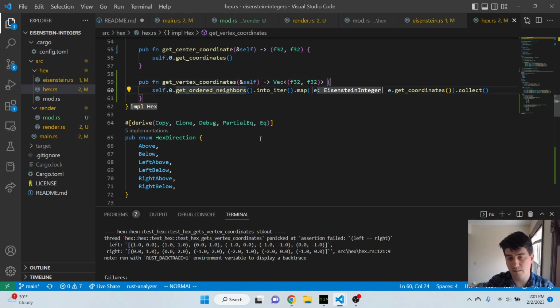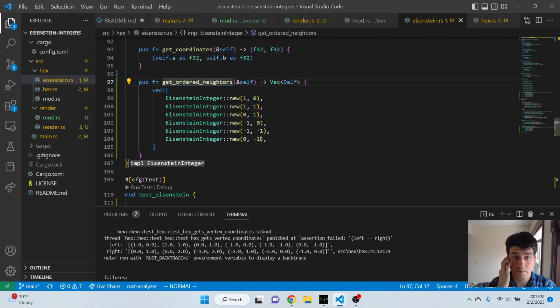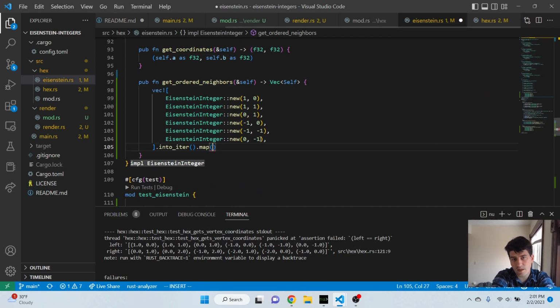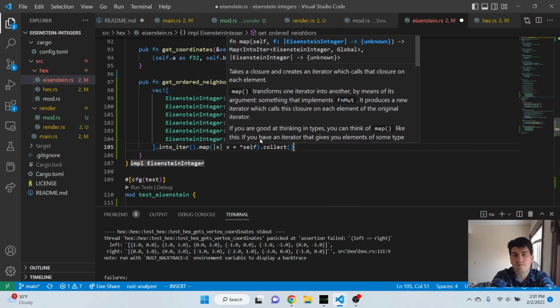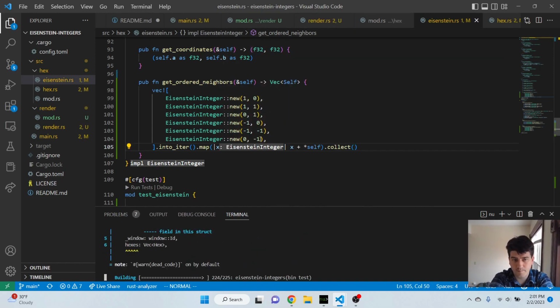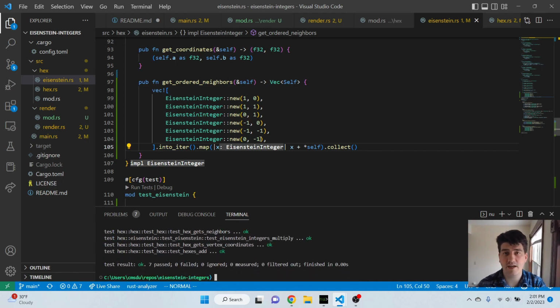Self.0 get ordered neighbors. Well, this is definitely wrong. To iter map. There we go. That's why we have tests.